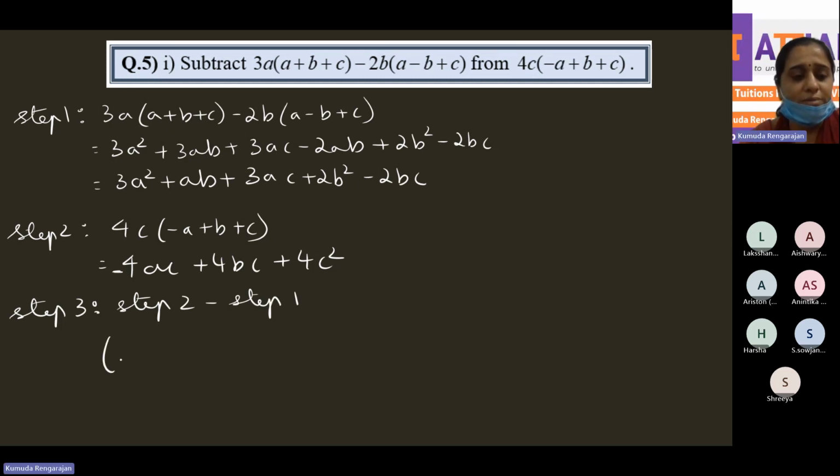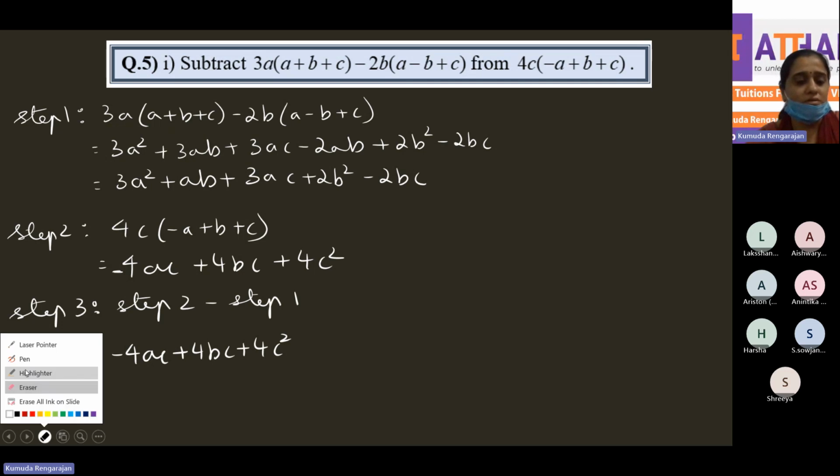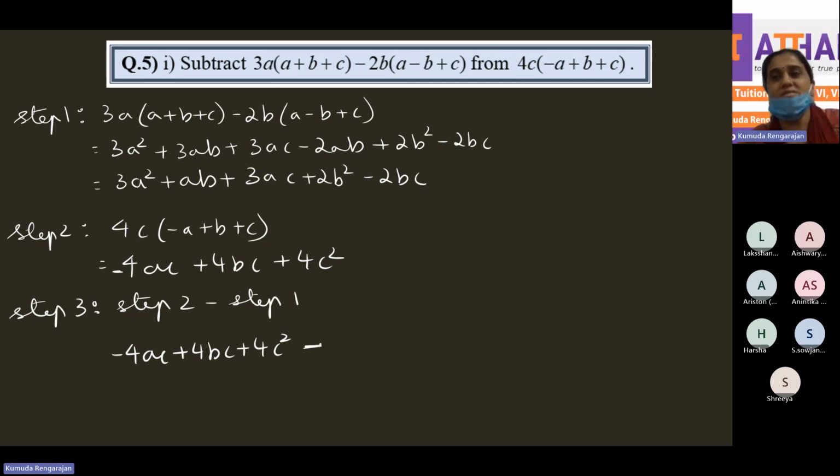So what do we have in step 2? Minus 4ac plus 4bc plus 4c square. You don't have to put this in a bracket. But it's minus step 1. So since it's minus here, all the terms in step 1 should be in a bracket.